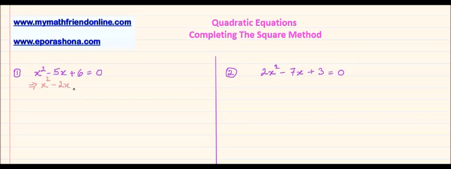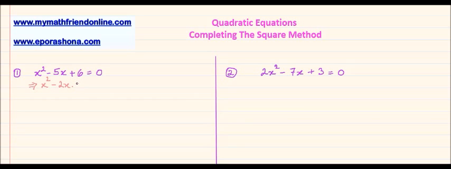And it is 2 times x times a number which will be the b. So b will be representing what? That we have to think.